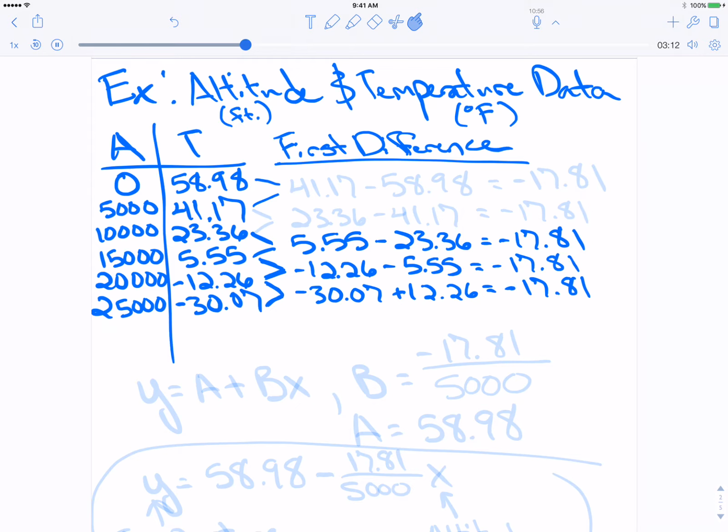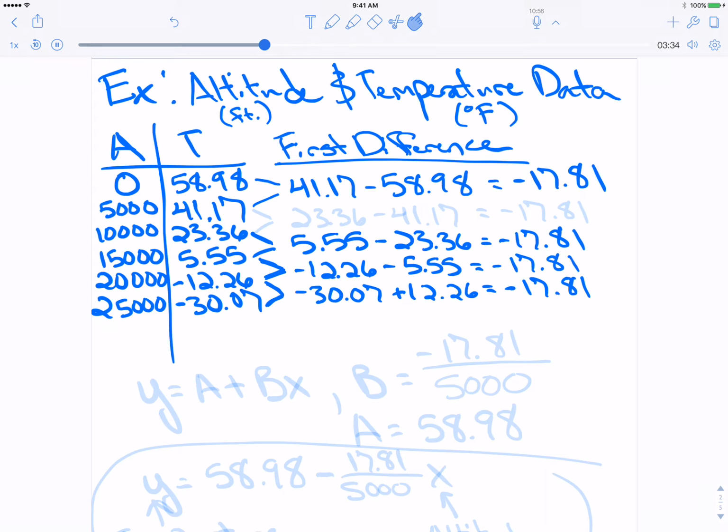Since I know that this is always 5,000, I'm just looking at the difference between the 41.17 and the 58.98. Specifically, I'm looking at 41.17 minus 58.98. That gives me negative 17.81.